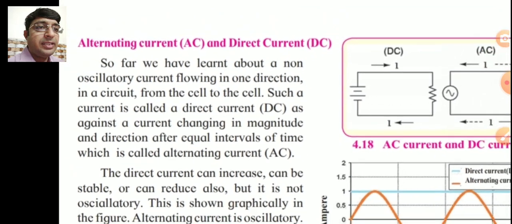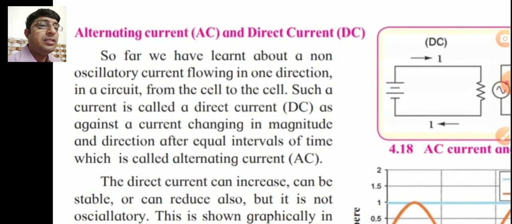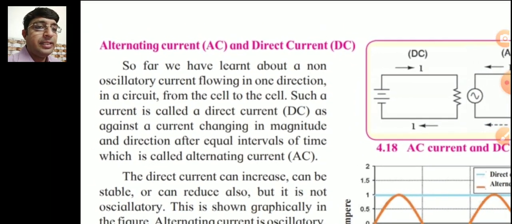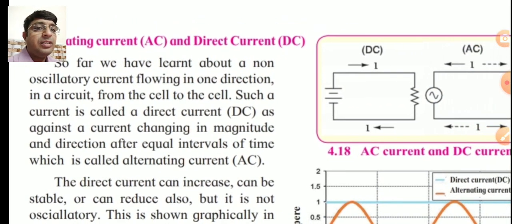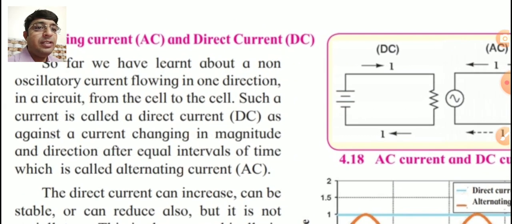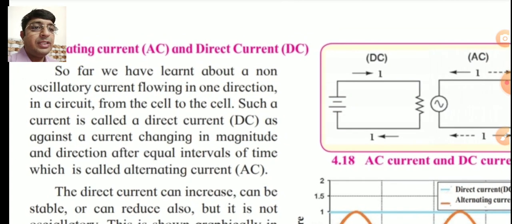Alternating current and direct current. Alternating current, AC, and direct current, indicated as DC in short. So far we have learned about a non-oscillatory current flowing in one direction in a circuit from cell to cell.